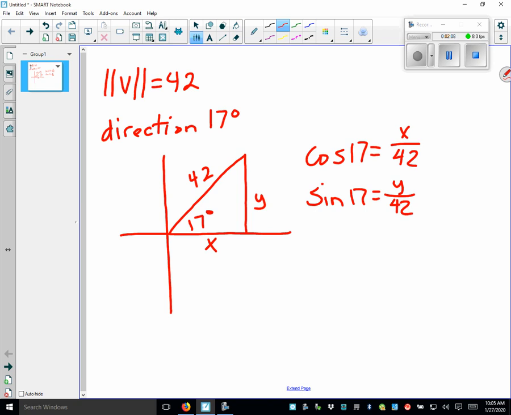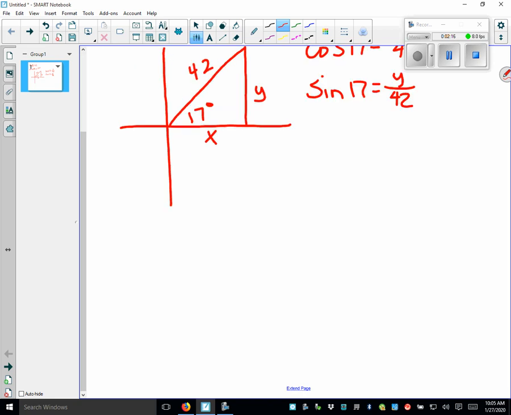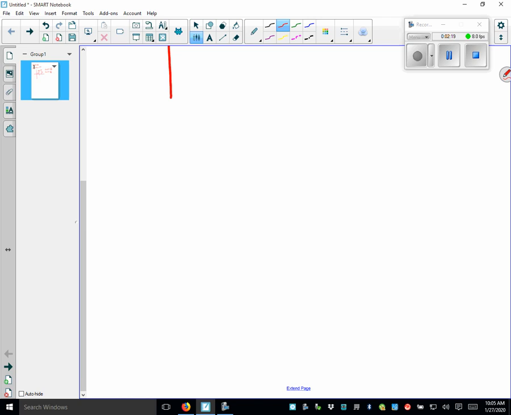Find the magnitude and direction of the sum of u and v, if u equals 28, v equals 41, and the angle between them is 80 degrees.